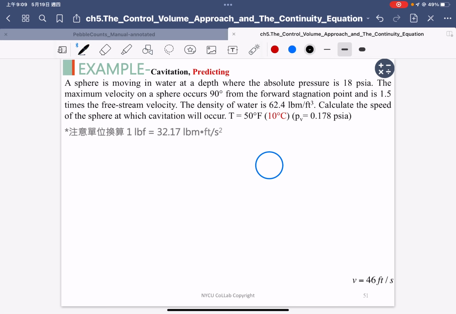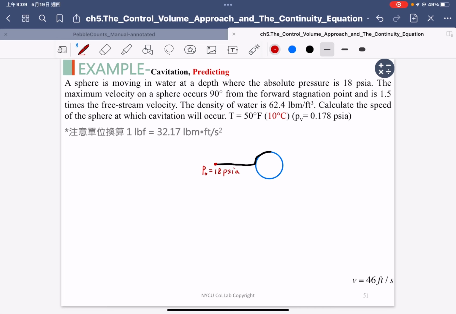So I plotted the straight line here. And the point here has an absolute pressure, maybe I use P0, equal to 18 psi absolute.